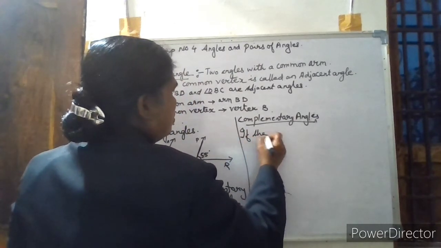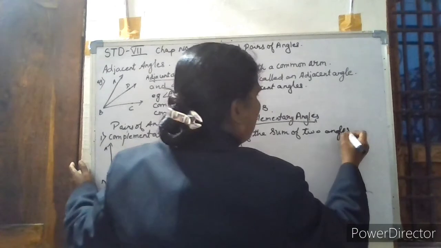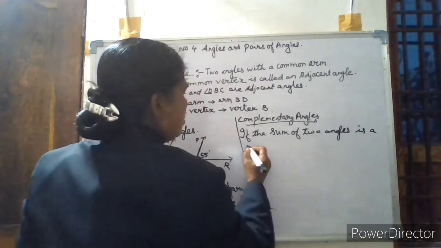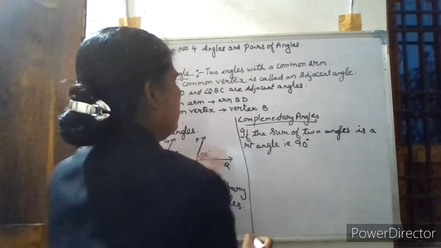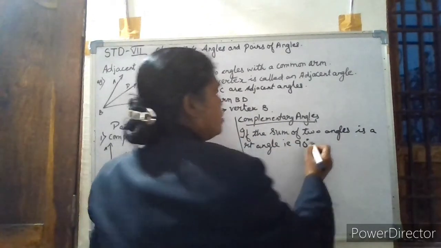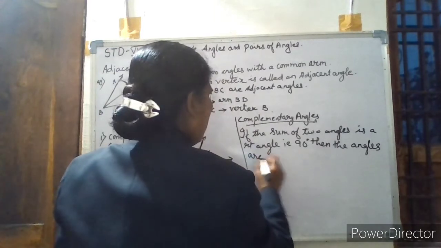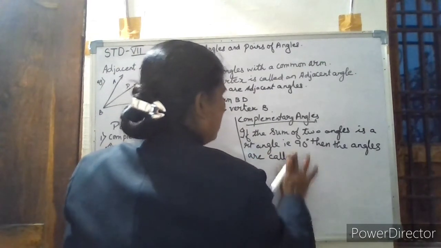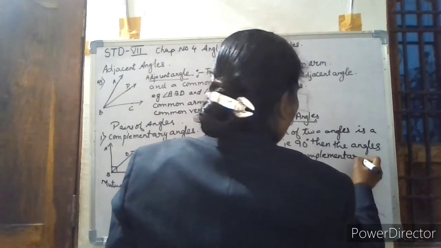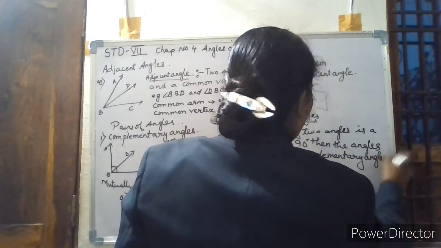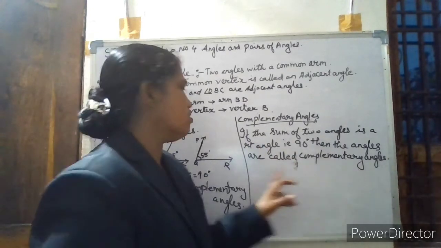If the sum of two angles is a right angle, that is 90 degrees, then the angles are called complementary angles.